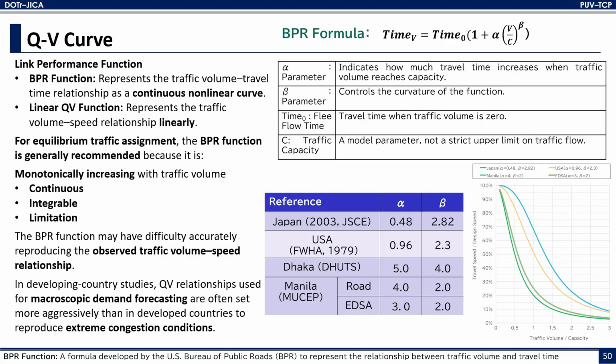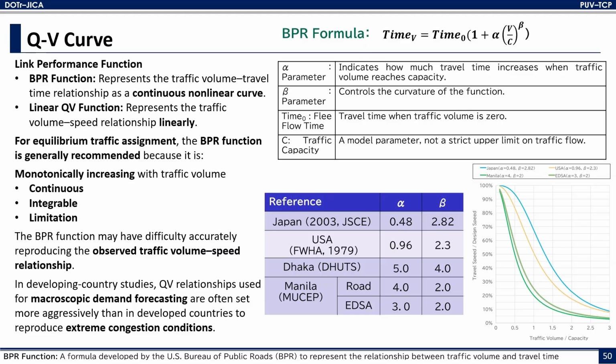As a parameter of the traffic assignment, the QV curve shows the relationship between the traffic volumes and travel times according to the capacities. And there are general types of link performance functions.